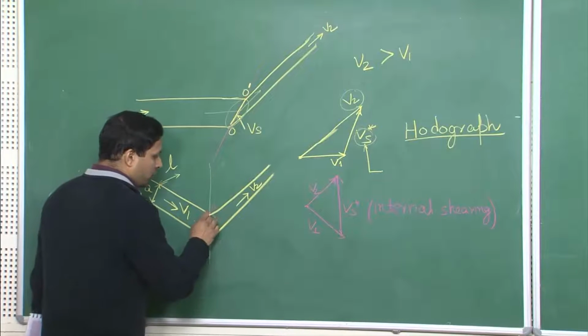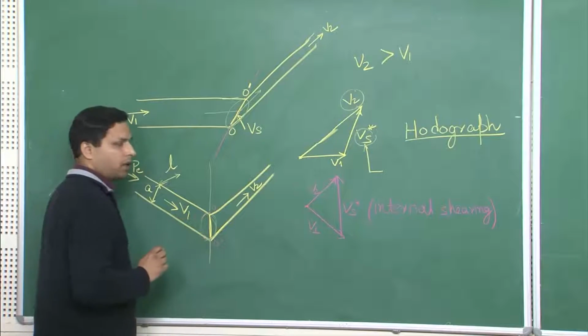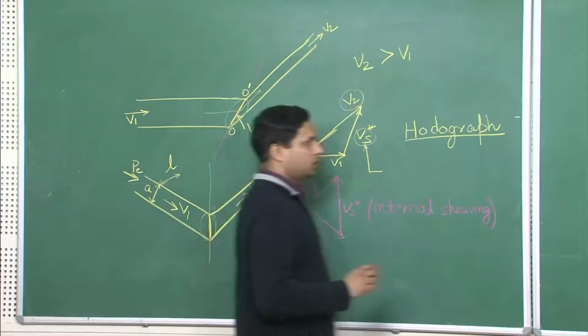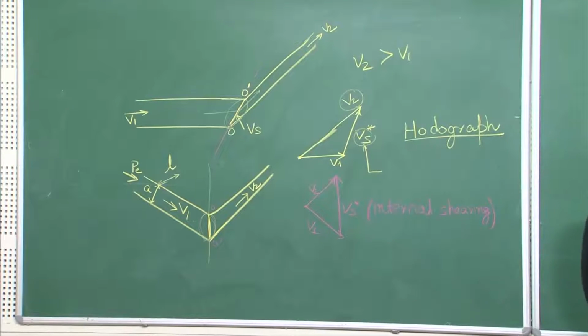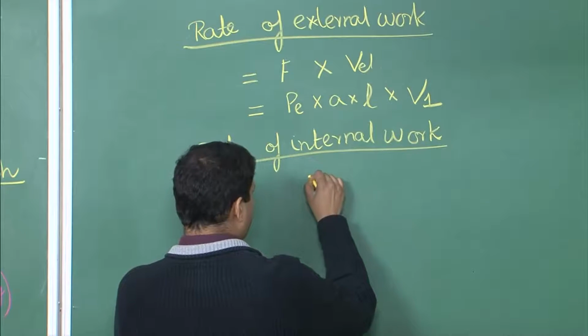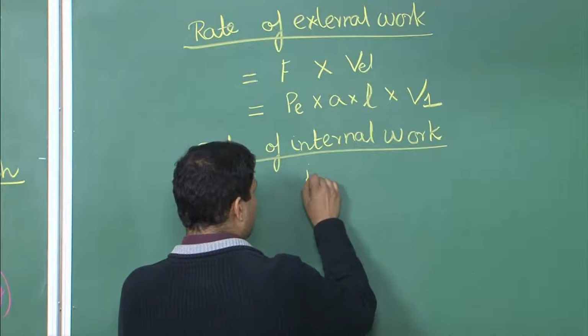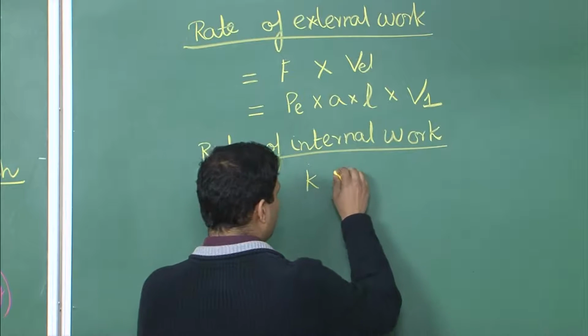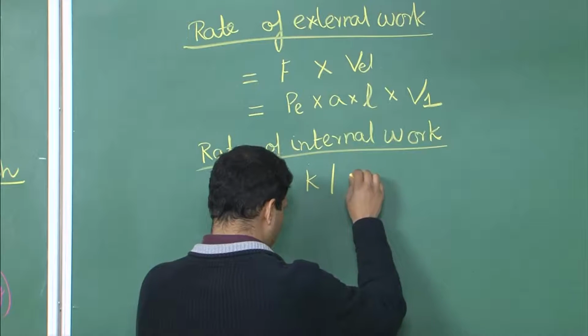So, now again we have to calculate the rate of internal work, and we can again separate it into terms like force into velocity, which can be dissociated into shear strength times the area onto which it is working.